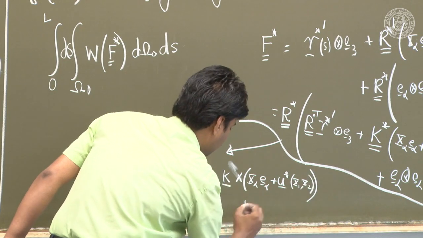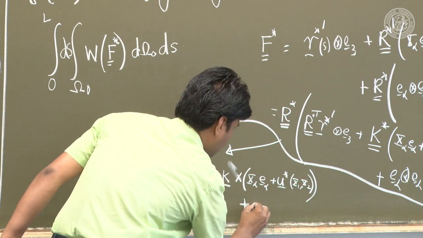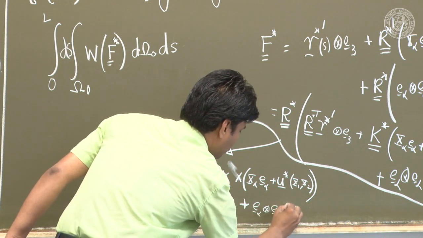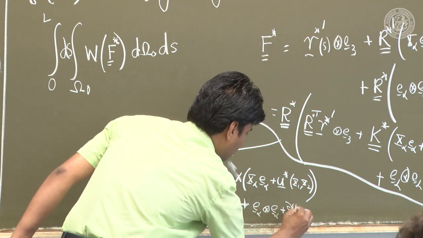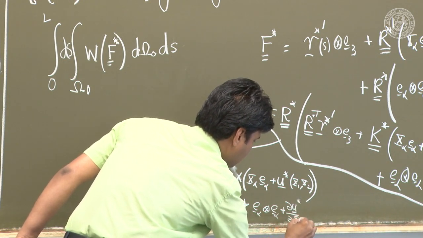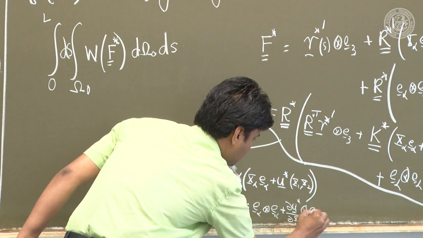Plus whatever is over there, of course, plus E alpha tensor product E alpha plus del U star over del X alpha tensor product E alpha.